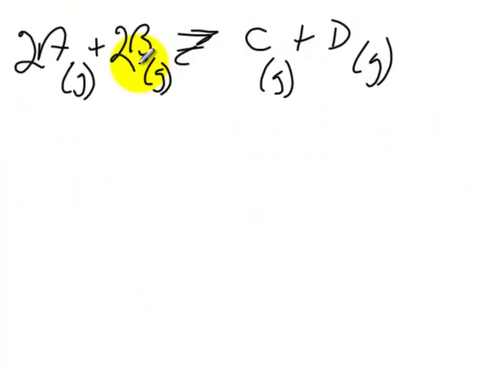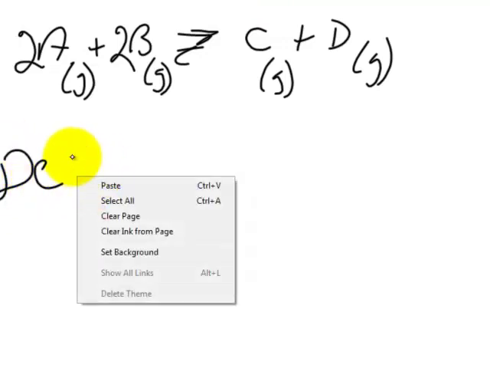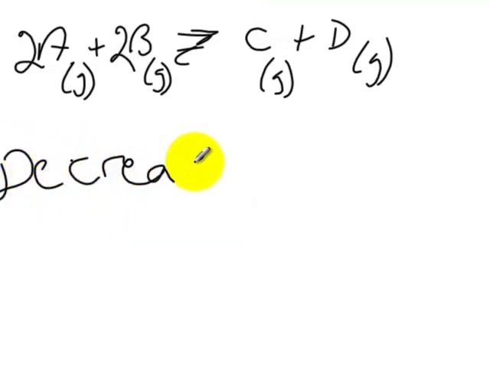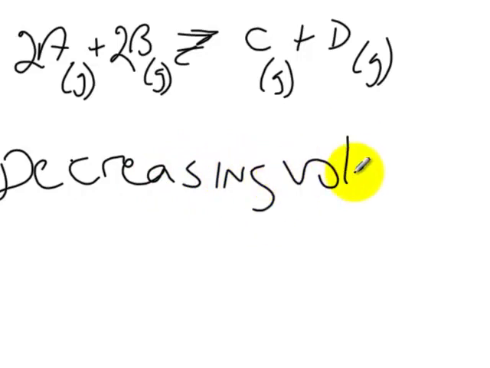Now let's think of Le Chatelier in terms of gases, because there are a couple of things where you really have to think about this. Let's make this generic equation A plus B is in equilibrium with C plus D, only this time I'm going to put some coefficients in there. I have 2 moles of A and 2 moles of B going to C plus D. Now let's say I increase the pressure on the reaction vessel by decreasing the volume.